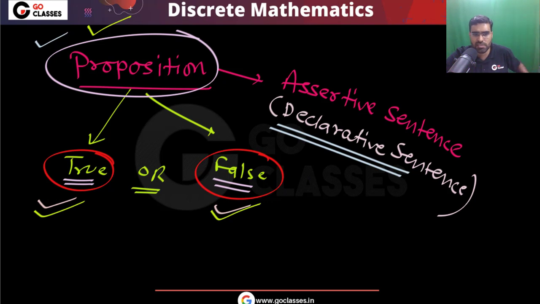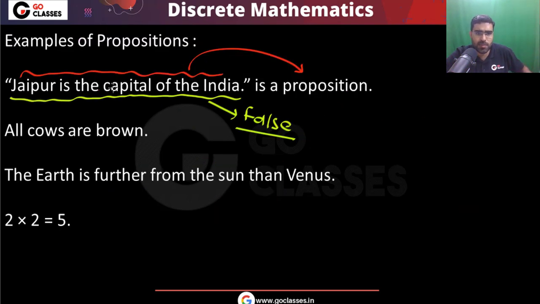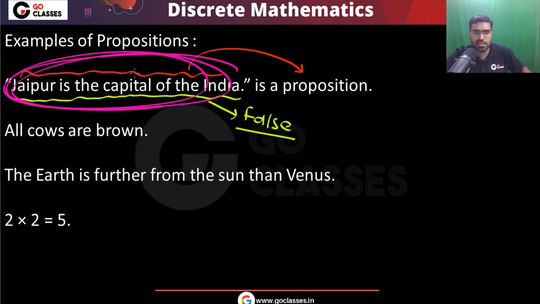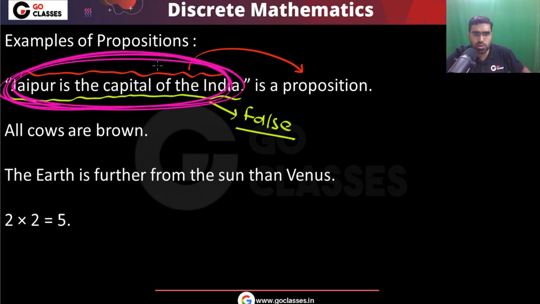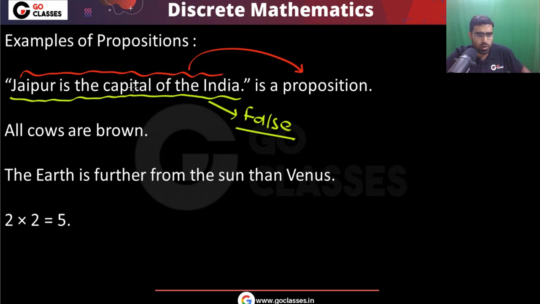So this Jaipur is the capital of India is a proposition because it is an assertive sentence to which we can assign either true or false.